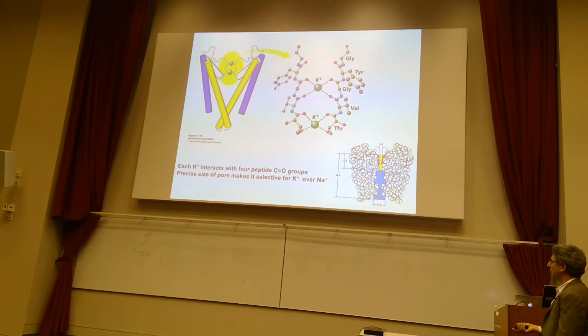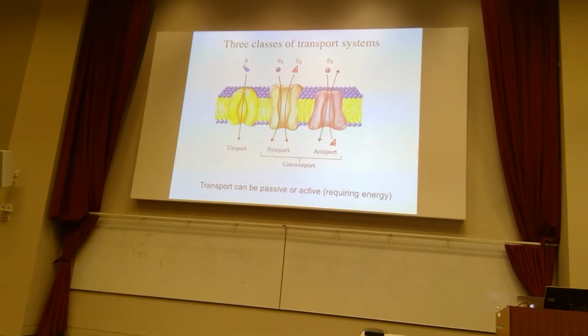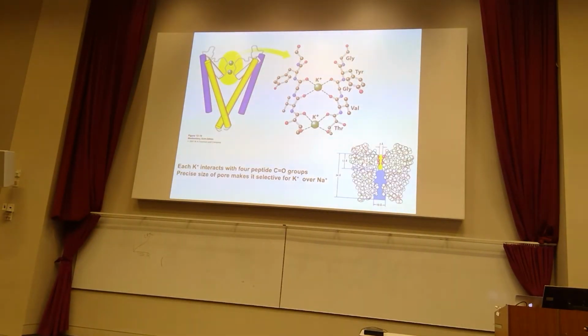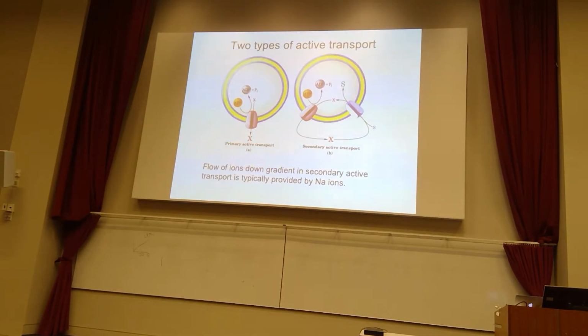And the sodium ion won't be properly solvated by these carbonyl groups just because of the size differential. So really fast flow, but really great selectivity that's organized by the very careful arrangement of groups within these channels.